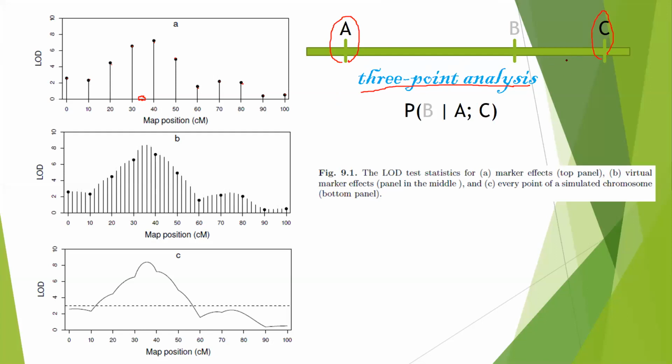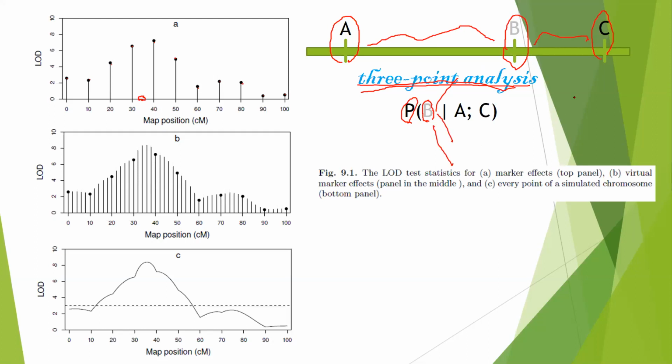If we have the genotype information for these two markers, and we want to infer the genotype for B, given the genetic distances between A and B and C, then we can do the 3-point analysis to find the probability that the B locus takes any of the three genotypes.